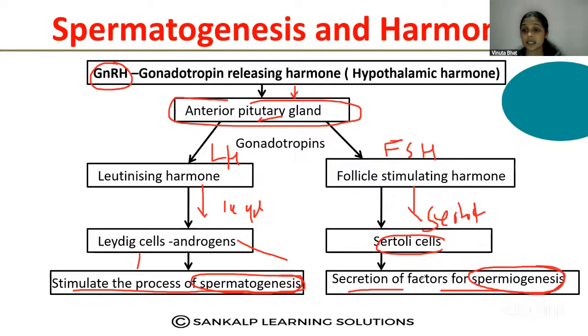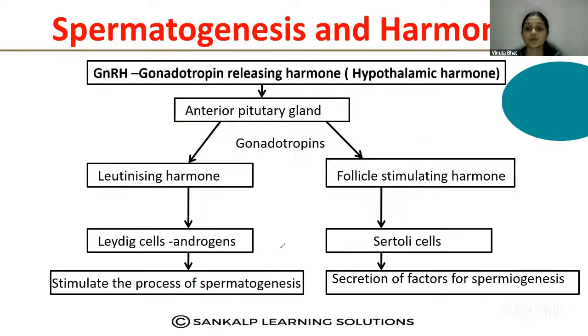Sertoli cells help in the release of the sperms embedded in the seminiferous tubule. If you want, you can note this down. From this flowchart, you can learn the effect of hormones very easily.